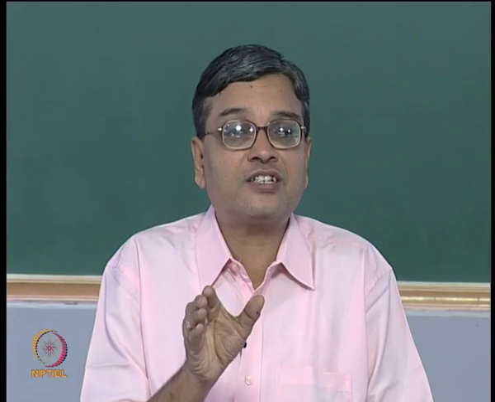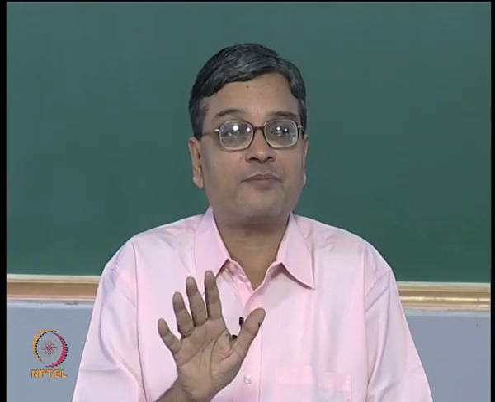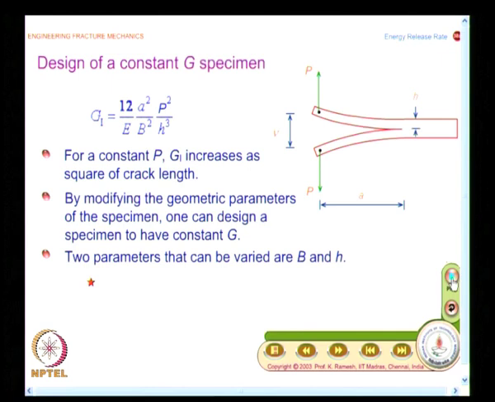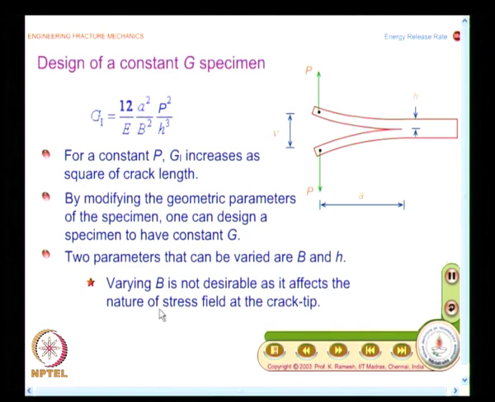So, by varying the thickness you are varying the stress state in the vicinity of the crack tip. So, it is not desirable. Of the two parameters B and H, if you vary the thickness, the stress state itself changes at the crack tip. So, it is not desirable to change B.